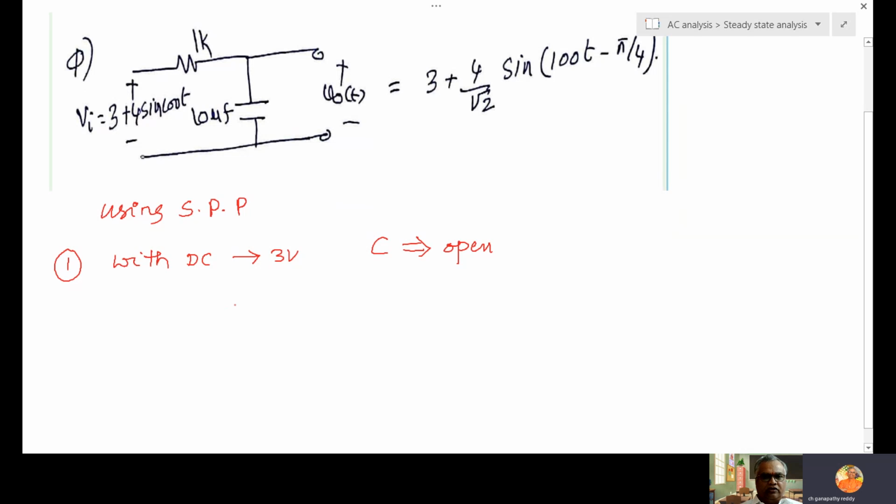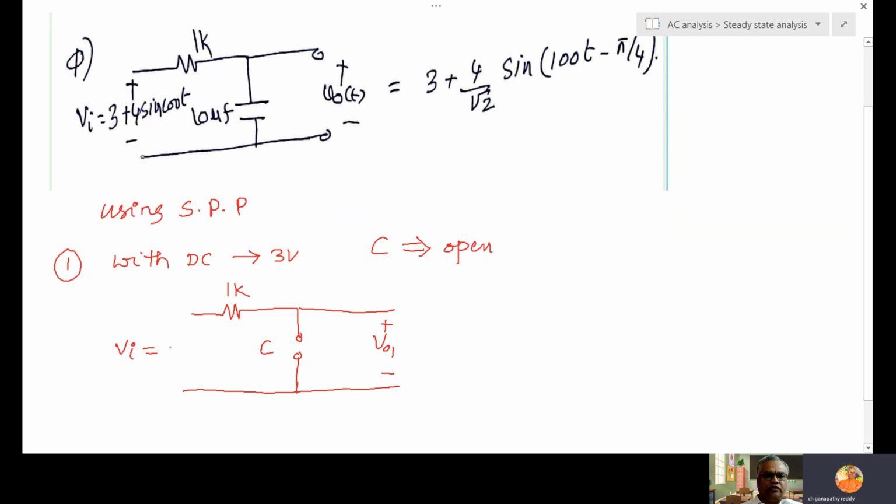So when I draw the equivalent circuit with capacitor open, so V01, your capacitor open, 1K.